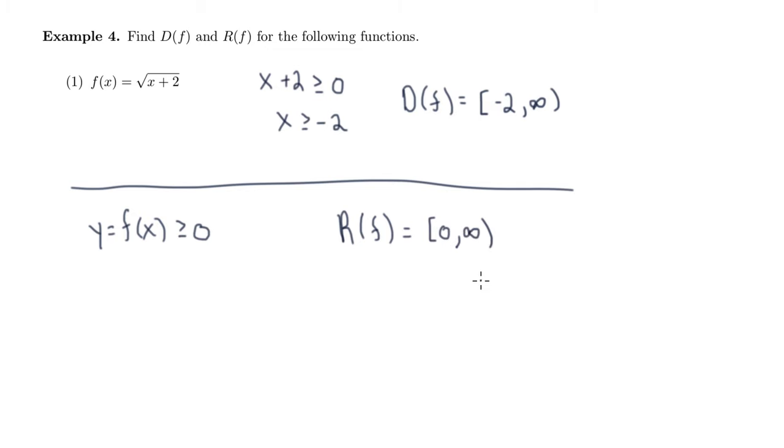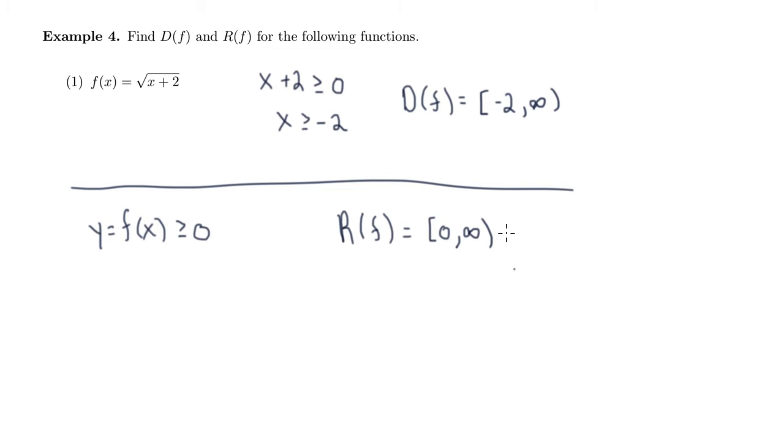And now you say, okay, great, well, we're done. Well, no, we're not, because this is really just a guess. I'm just assuming that, well, for every number between 0 and infinity, I can find a number x such that the square root of x plus 2 is that number.